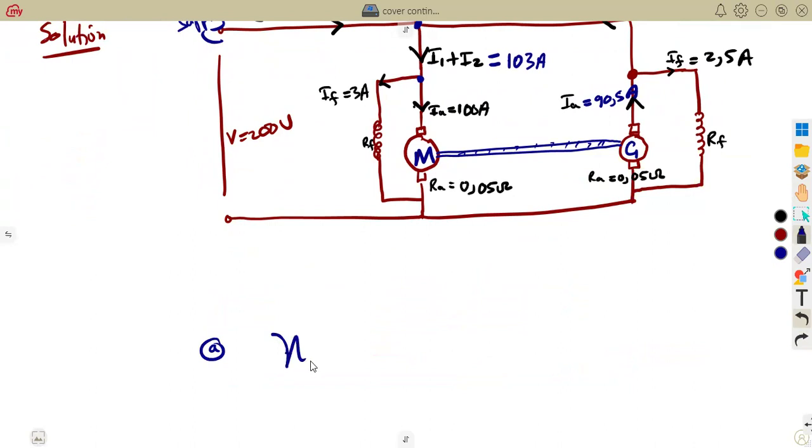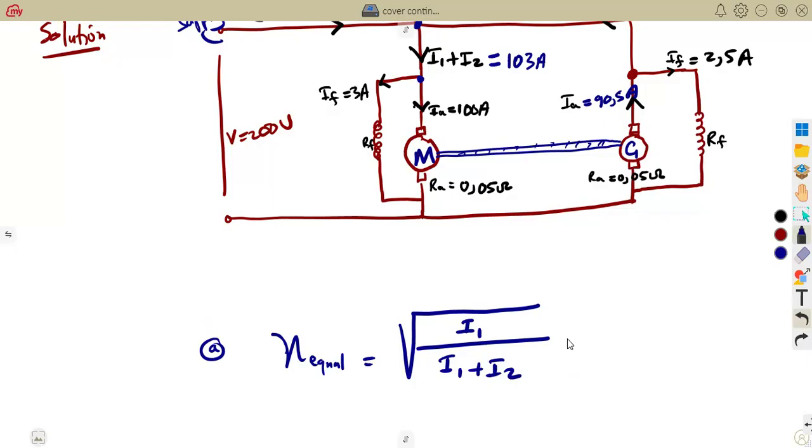For equal efficiencies, I mentioned that you're going to use this formula, the one that you had from your N3 electrotechnology. We are going to work with the square root of the generator's load current over the motor's load current. That is the simple formula that you have there.